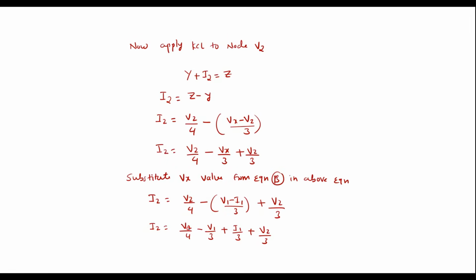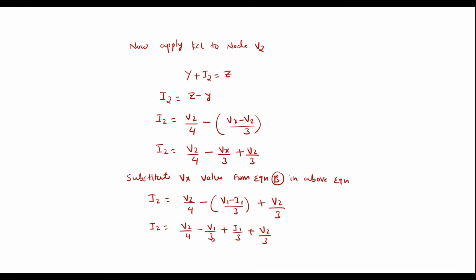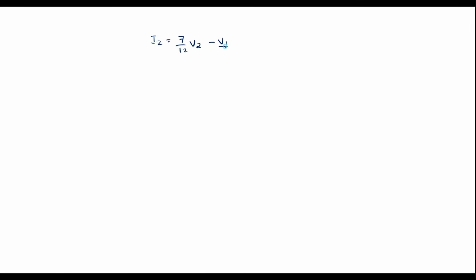Let me simplify this further. I2 is equal to V2 by 4 plus V2 by 3, that is 1 by 4 plus 1 by 3, which gives 7 by 12 V2. Then we have minus V1 by 3 plus I1 by 3. Now in this equation we have the variables V1, V2 and I2, but there is one more extra variable, that is I1.